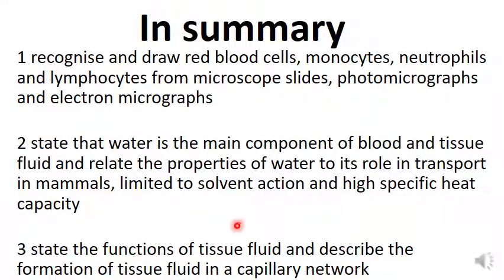And then of course we saw that as substances are being exchanged in the capillaries, tissue fluid is formed and helps exchange, and then the capillary network also further enhances the exchange of materials.